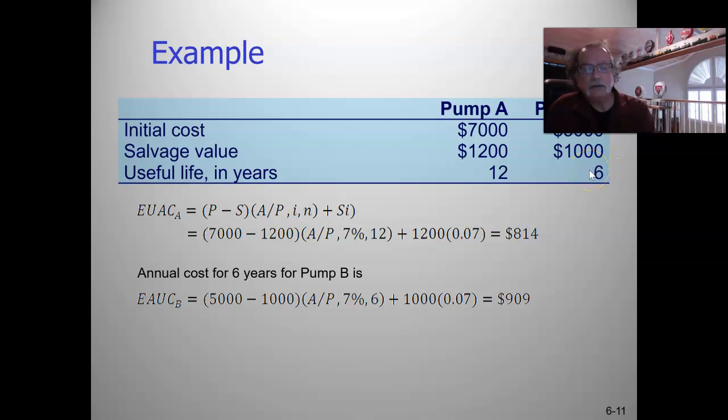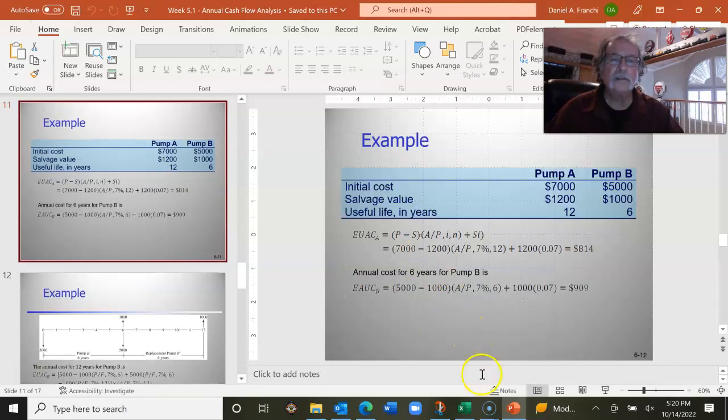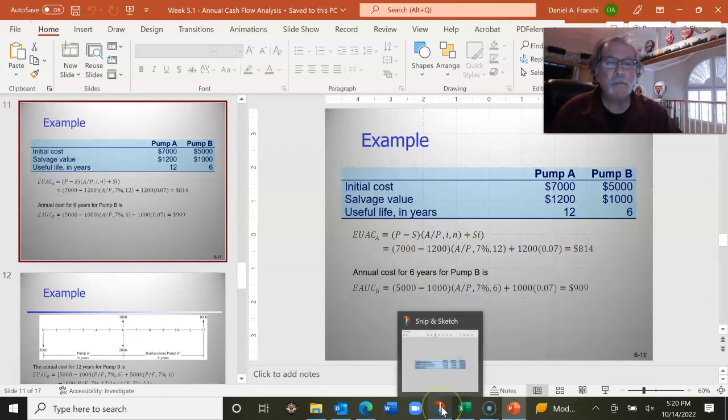Now if we were going to analyze this using present worth analysis, we would have to assume repeatability and assume that we're going to do 2 of pump B. Now let's analyze this, and I'm going to show you why annual worth analysis is better than present worth analysis when you're analyzing projects with different lives. So let's just look at what we do here.